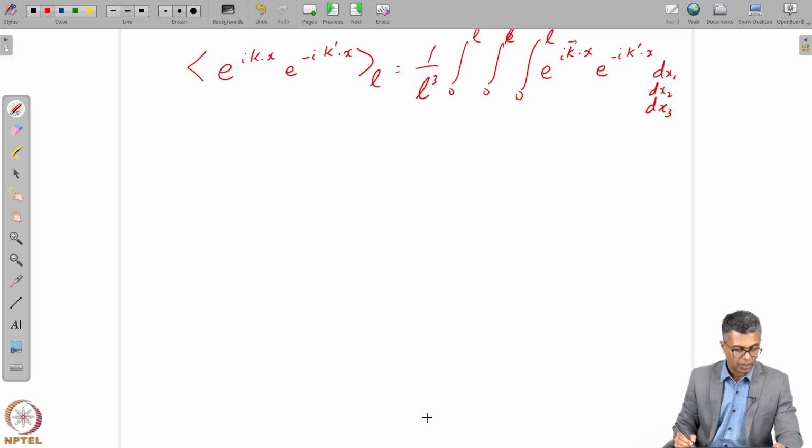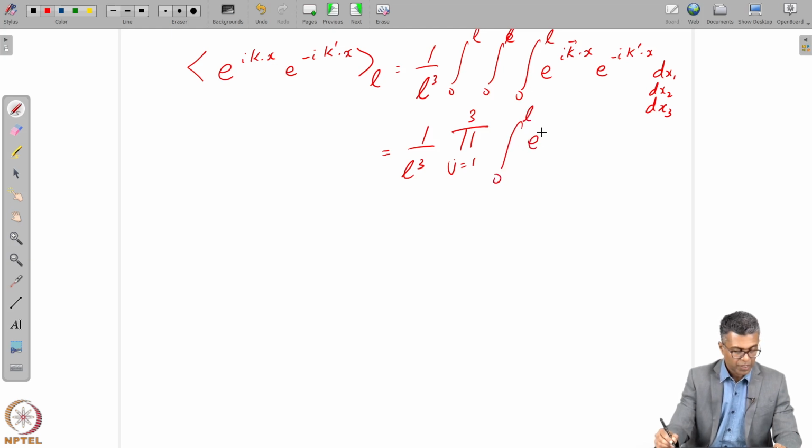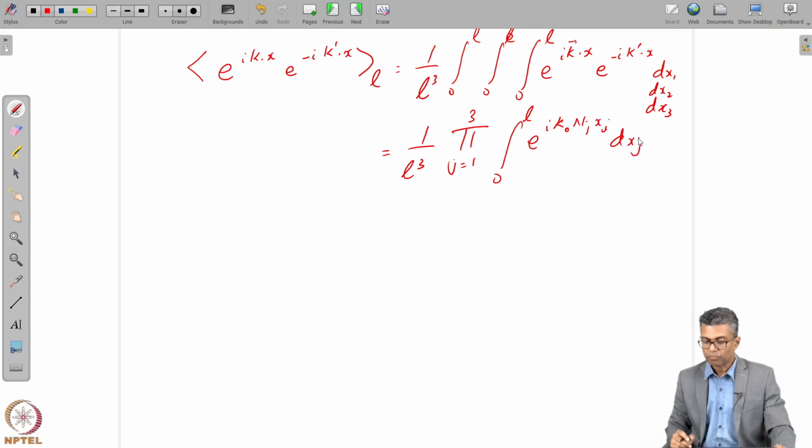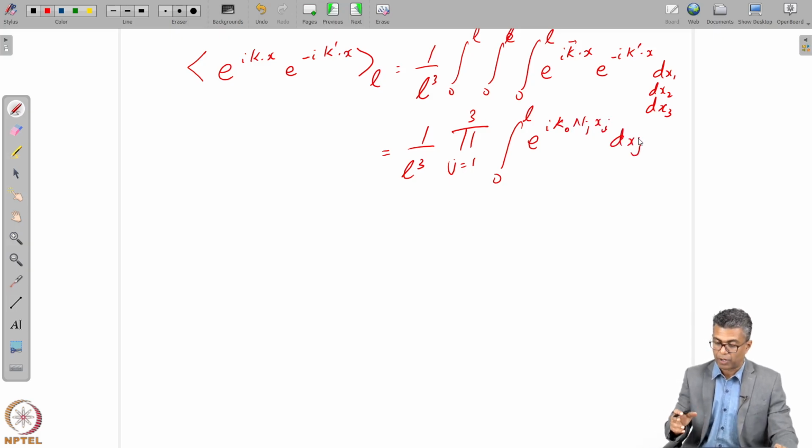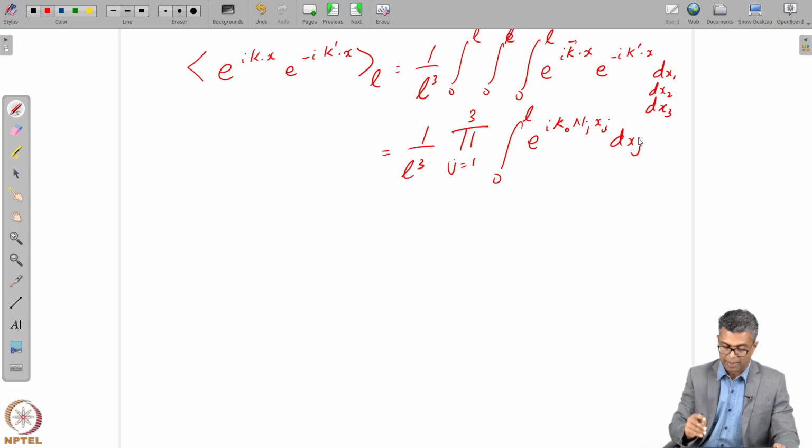In order to simplify my notation, just like a summation, I'll put a capital pi symbol to write the product out, so I'll have the product over j equal to 1 to 3, and it would be 0 to L again, e to the i kappa n j x j and d x j. Basically e to the i kappa dot x times e to the minus i kappa prime dot x is written like this, and because it is a product, I'm using the pi.